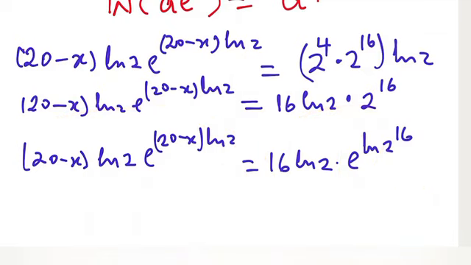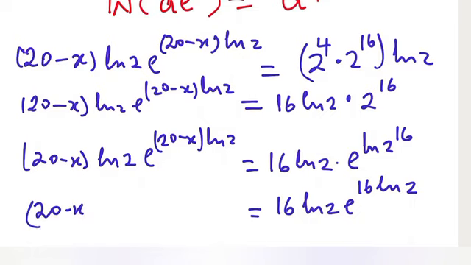So from there, this right hand side will be 16 ln of 2 then e to the power of 16 ln of 2. Can you see that? Then we have 20 minus x, then ln of 2, e to the power of 20 minus x, then ln of 2.